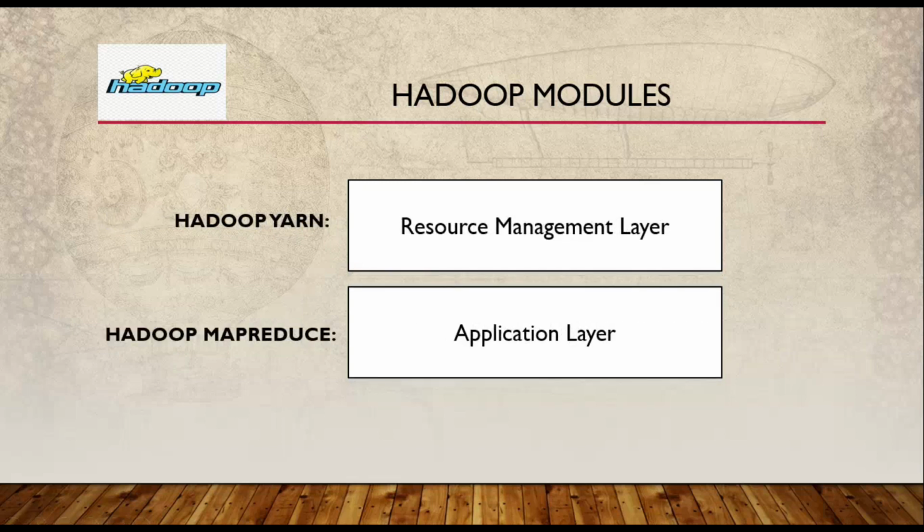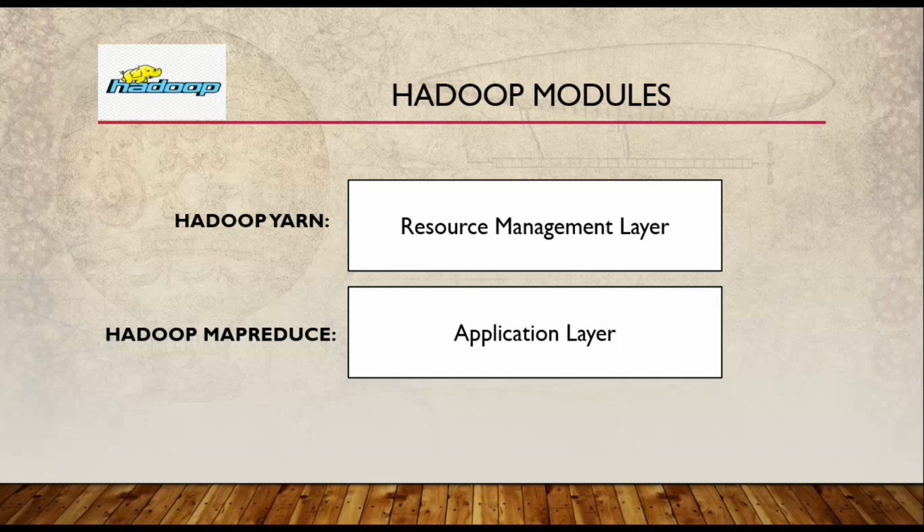Next is Hadoop YARN, yet another resource negotiator. YARN manages and monitors cluster nodes and resource usage. It schedules jobs and tasks. The last one is Hadoop MapReduce. MapReduce is a framework that helps programs do parallel computation on data.